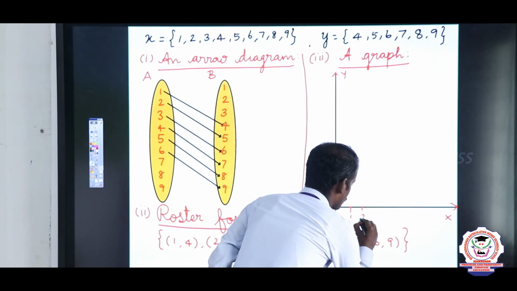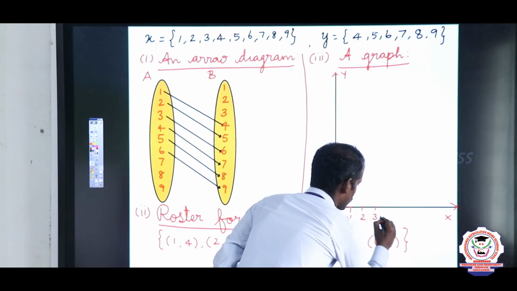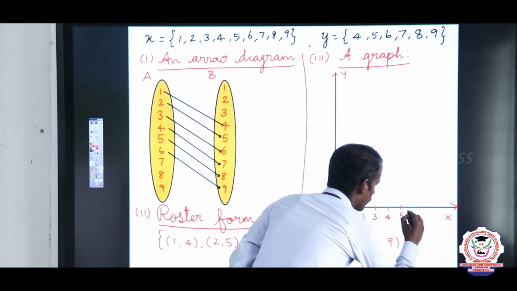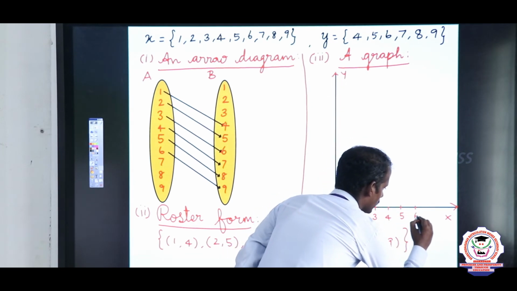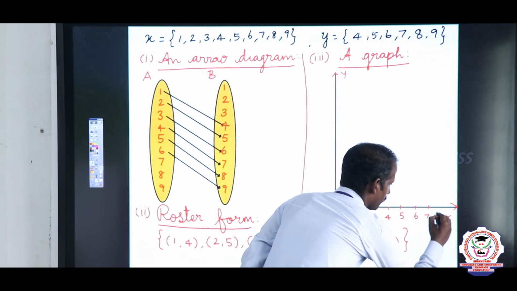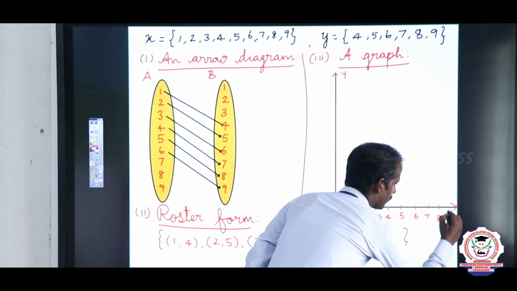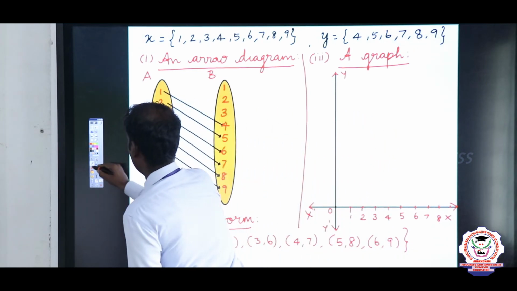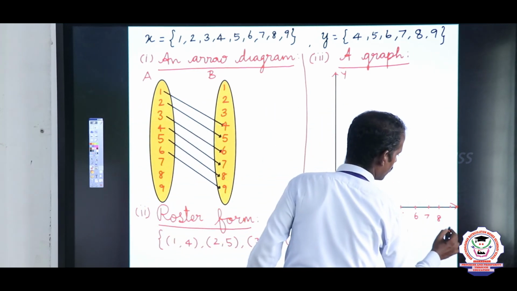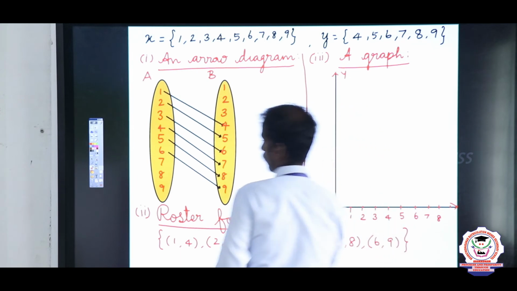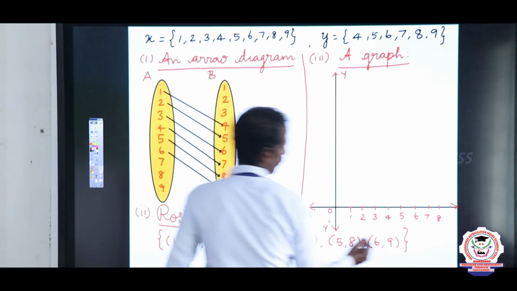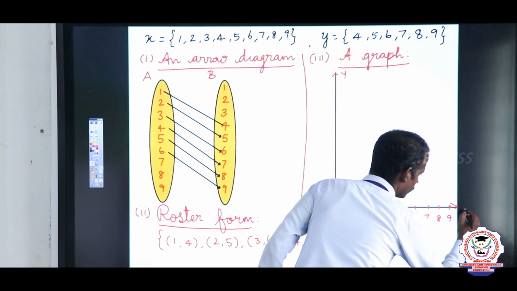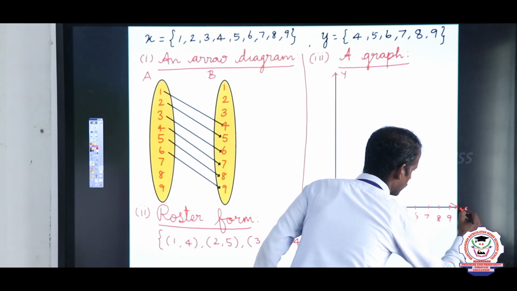Then so here 1, 2, 3, 4, 5, 6, 7, 8, 9. This is called x.